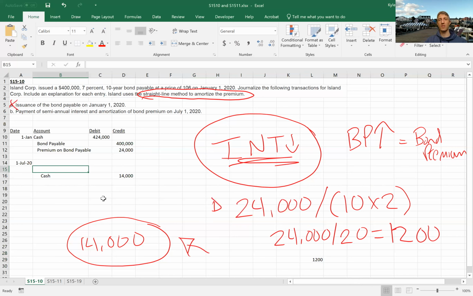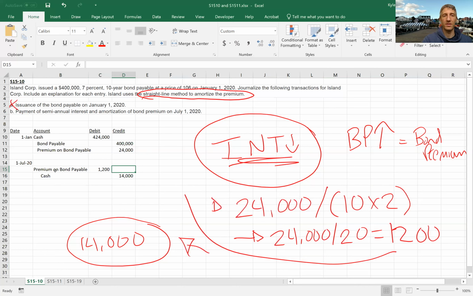So I'm going to amortize the premium on bond payable over the term of the bond by this amount. So I'm going to lower the liability with each interest payment, 1,200. So I take this and I add it there.